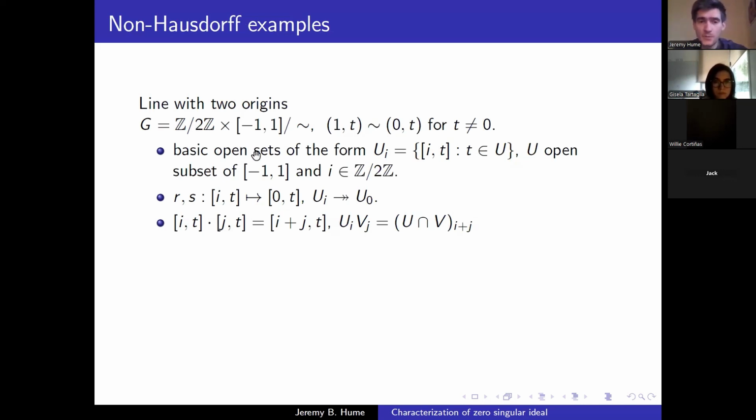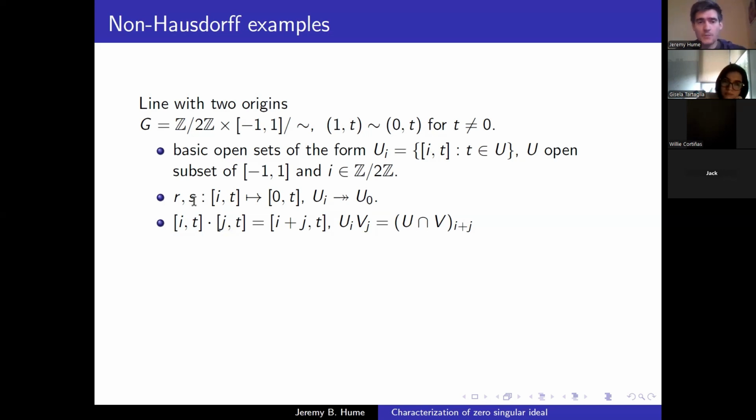With the quotient topology, the basic open sets are essentially open sets of the line, but you also have to keep track of which origin is in this open set. That's denoted by a little i, and square brackets here just mean equivalence classes. Those are the basic open sets of the topology.